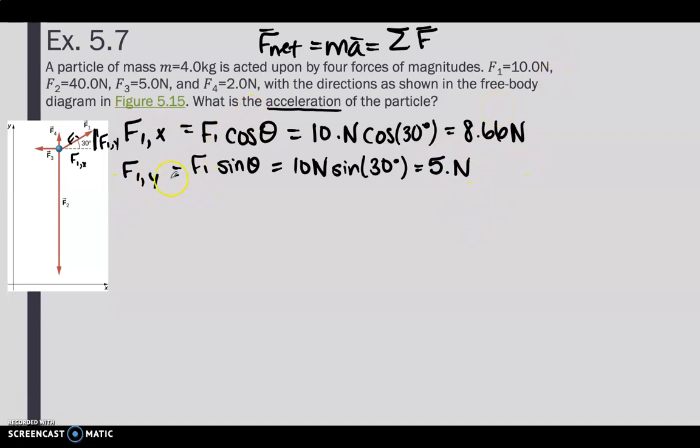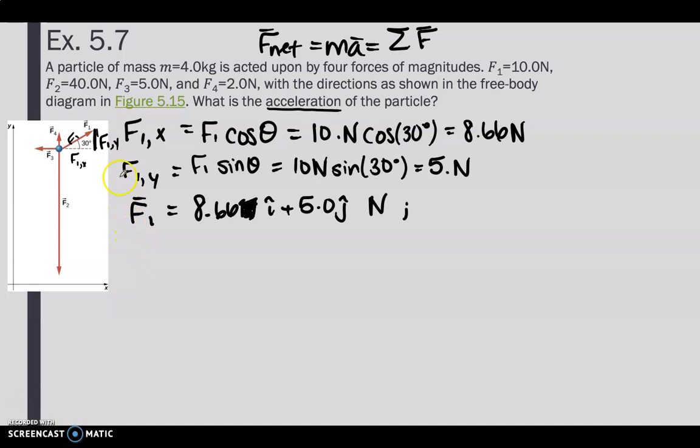All right, so if I want to write this in its full form, the F1 vector is now going to be 8.66 newtons i hat. Or actually, I can put the newtons on the outside. So 8.66 i hat plus 5.0 j hat, and this is in newtons.